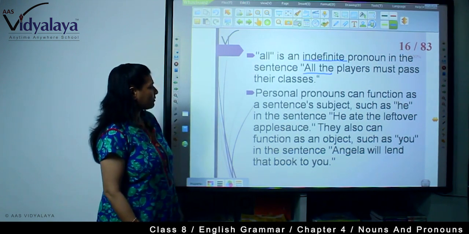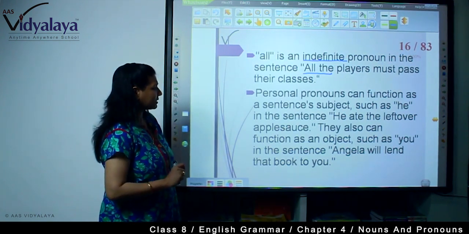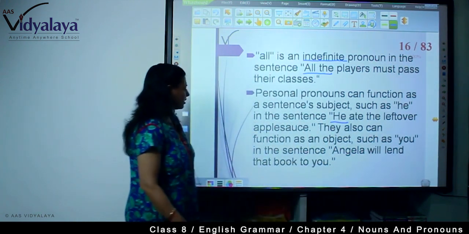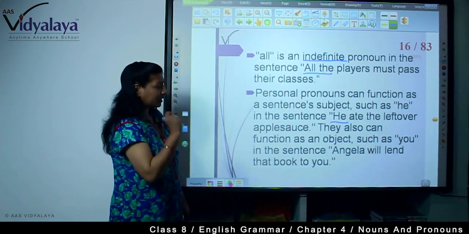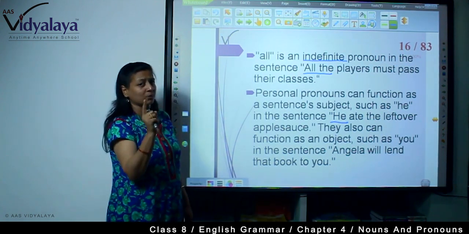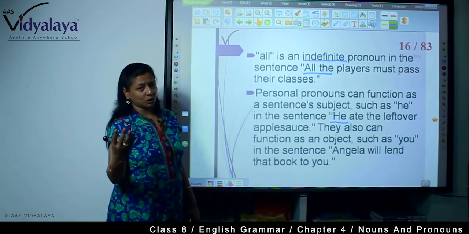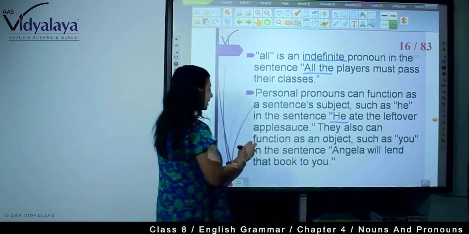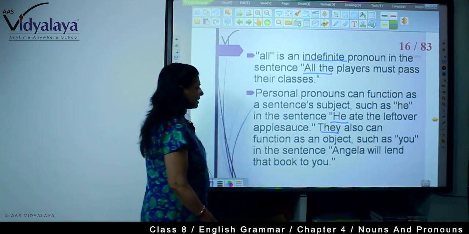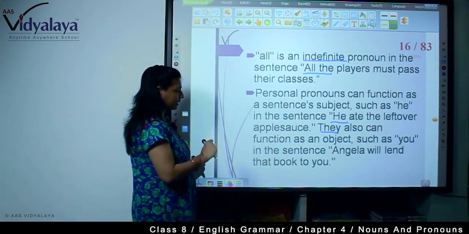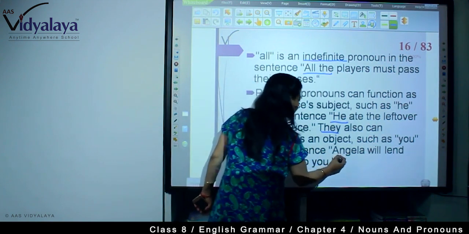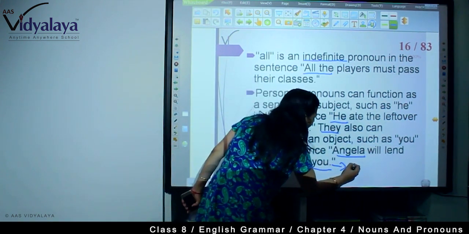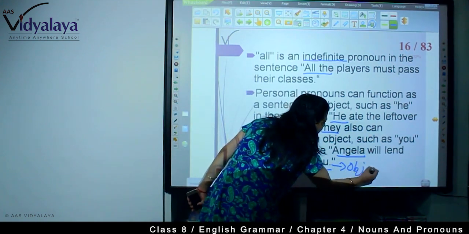Now, personal pronouns can function as a sentence subject, such as he in the sentence: He ate the leftover apple sauce. They can also function as an object, such as you in the sentence: Angela will lend that book to you.